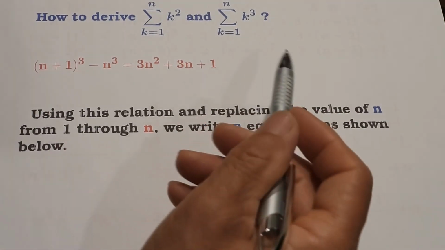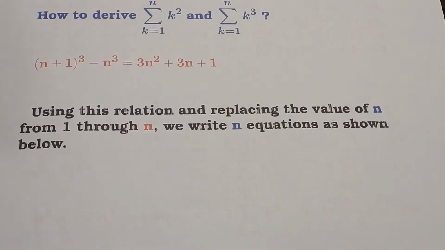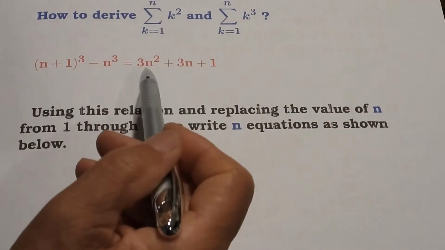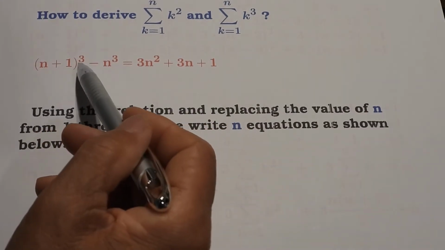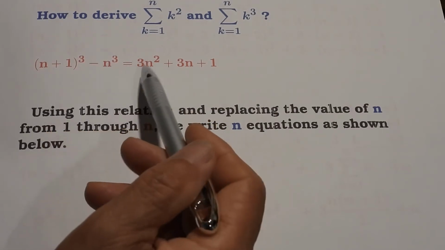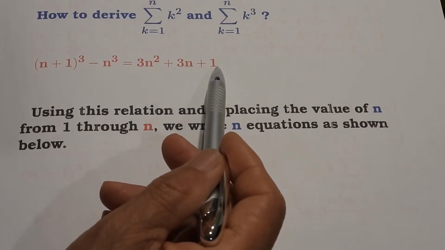Okay, today we will study how to derive sigma k squared and sigma k cubed. To derive sigma k squared, we use this technique. (n plus 1) cubed minus n cubed, you multiply out and simplify, then it will be 3n squared plus 3n plus 1.